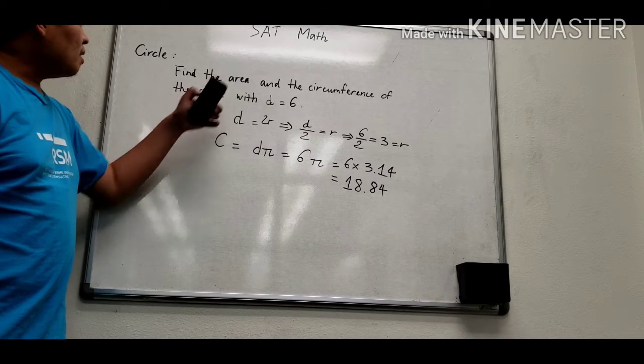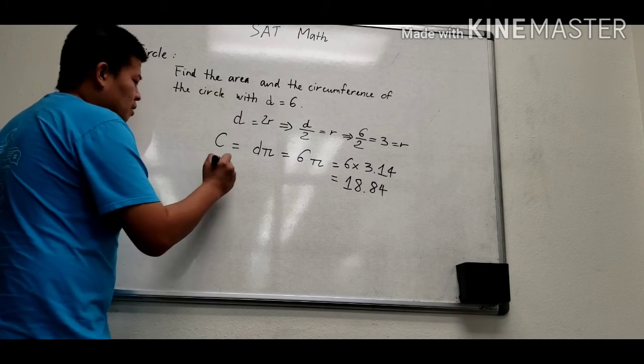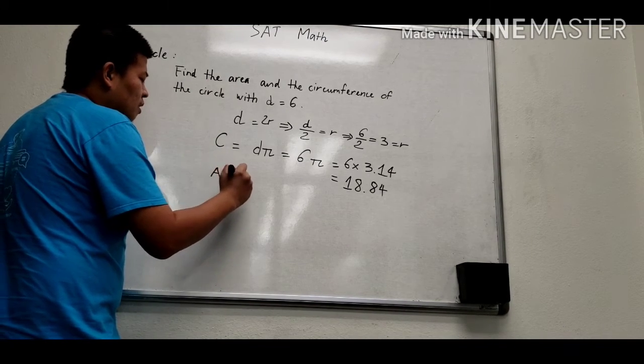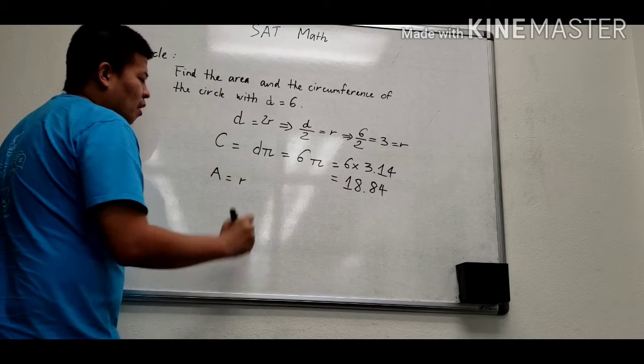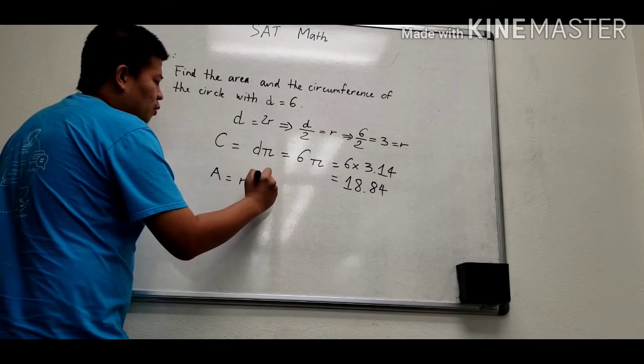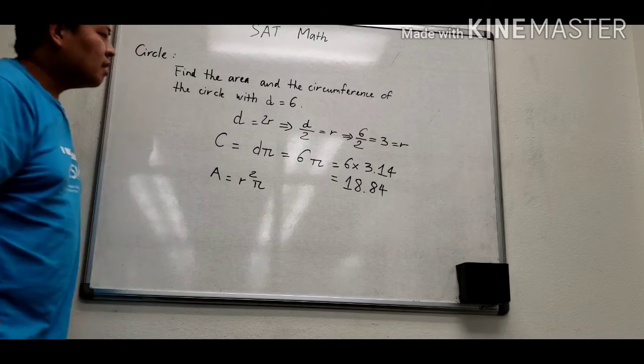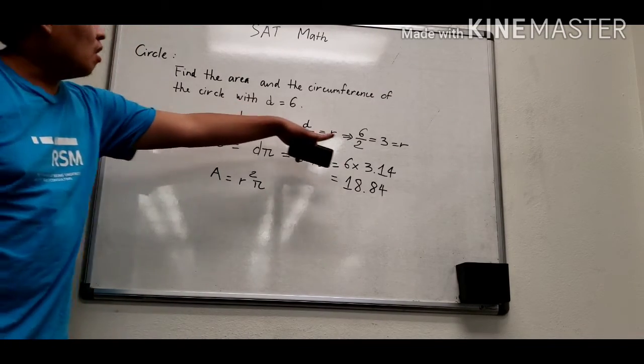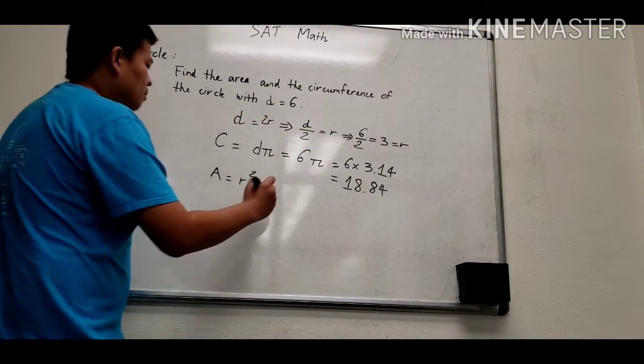Then the next one is to find the area of the circle. The area of the circle is r power 2 multiplied by pi, and here r is 3.